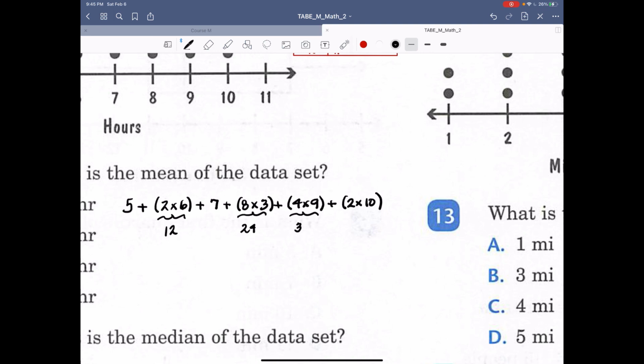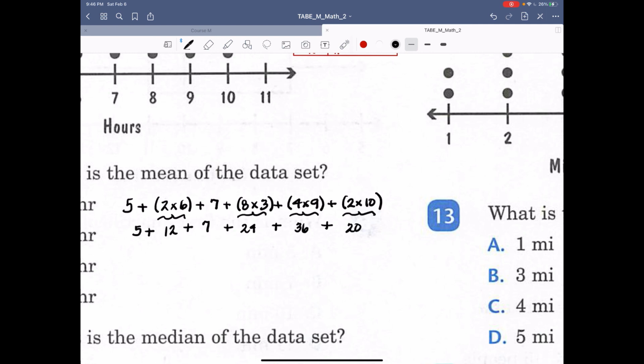There's 36 and 20. And then I'm going to add all this up on my calculator. I'm not going to try to do this mentally because I won't get it right. 5 plus 12 plus 7 plus 24 plus 36 plus 20 equals.